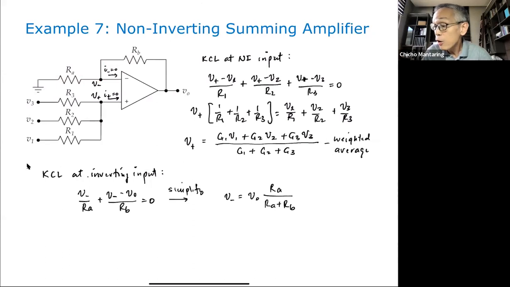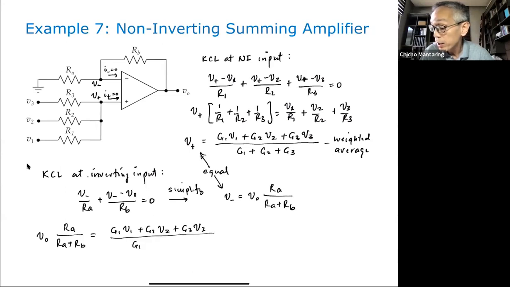Okay, so what is now my output, V sub O? Well, I'll equate this and this. Itong dalawa equal. So I equate V sub O RA over RA plus RB is just G1 V1 plus G2 V2 plus G3 V3 all over G1 plus G2 plus G3.